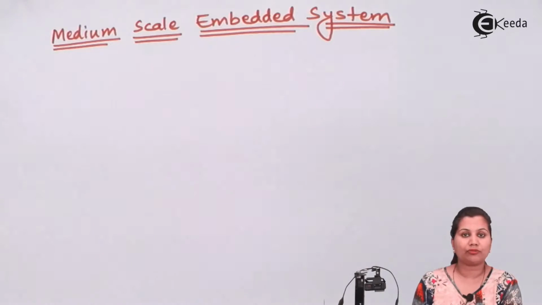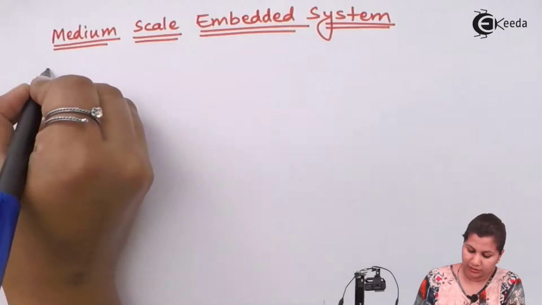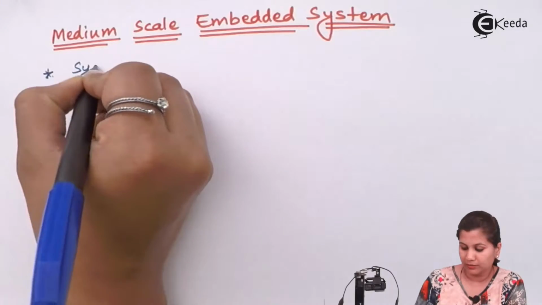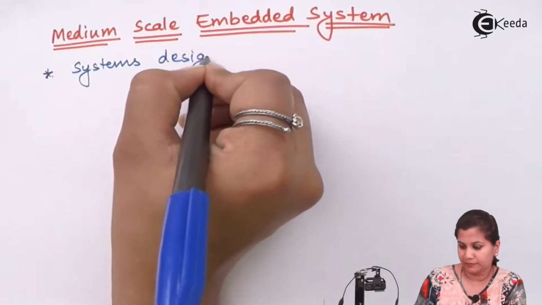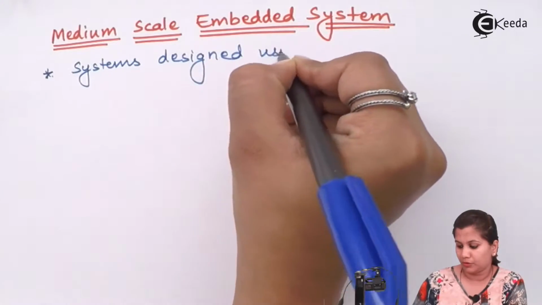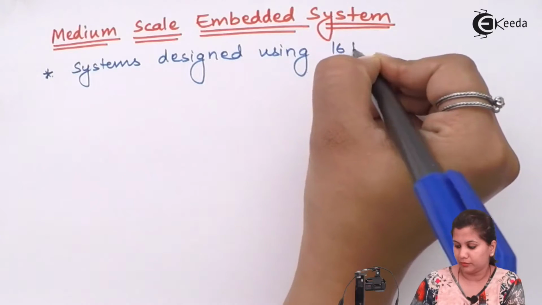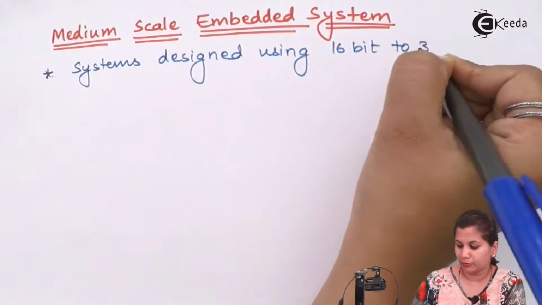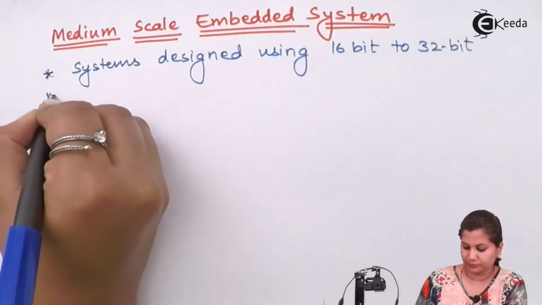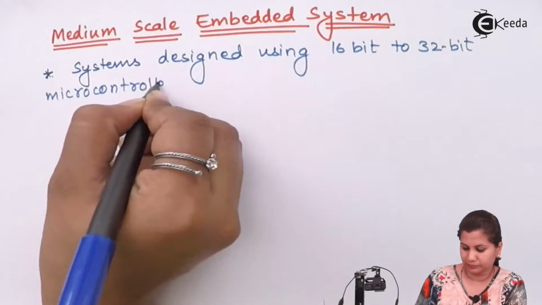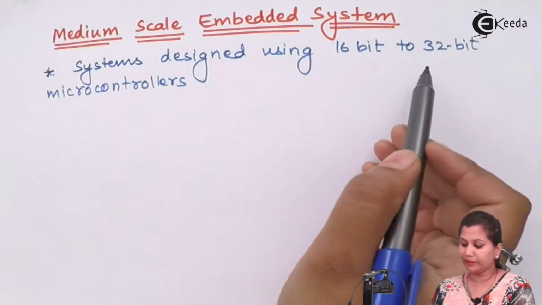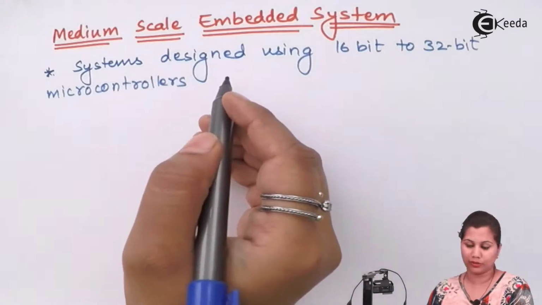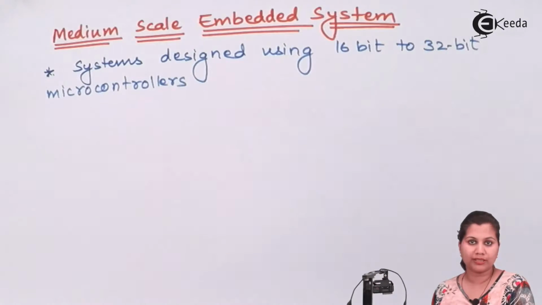So the size of the microcontroller used in this is increased. So medium scale embedded systems are designed using 16-bit to 32-bit microcontrollers. So size of the microcontroller is increased.